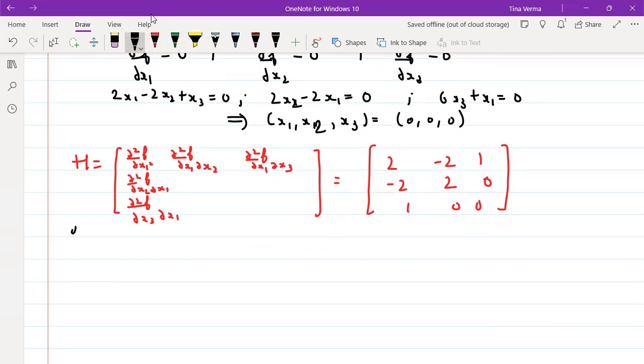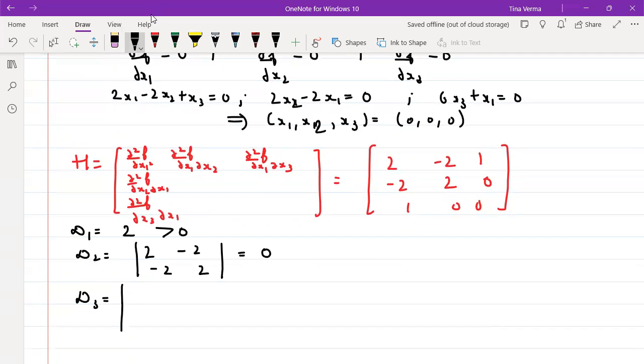So for that we have the first D1 entry is 2, that is greater than 0. D2 entry is 2, -2, -2, 2. So the determinant here is 0. And if you calculate your D3, taking the 3 cross 3 matrix, the value here is coming as negative. So is it forming any sequence?